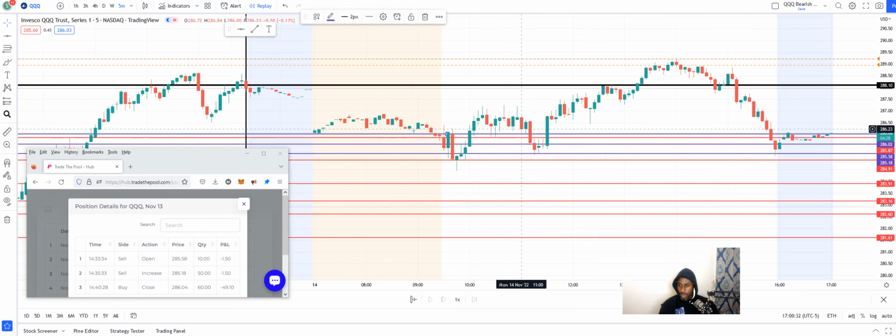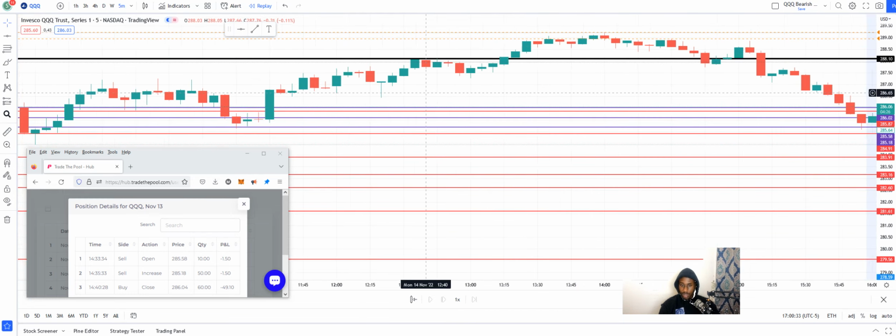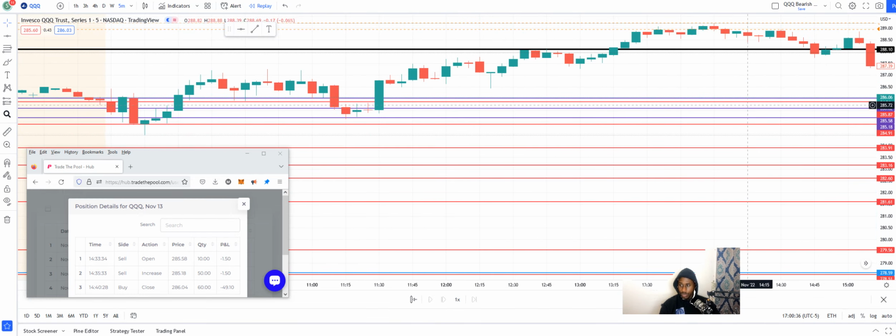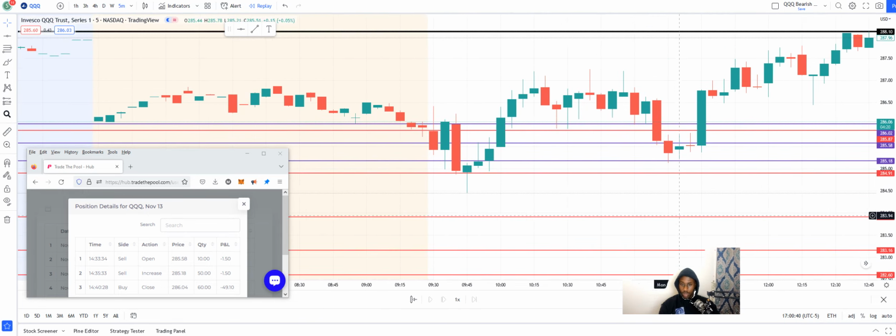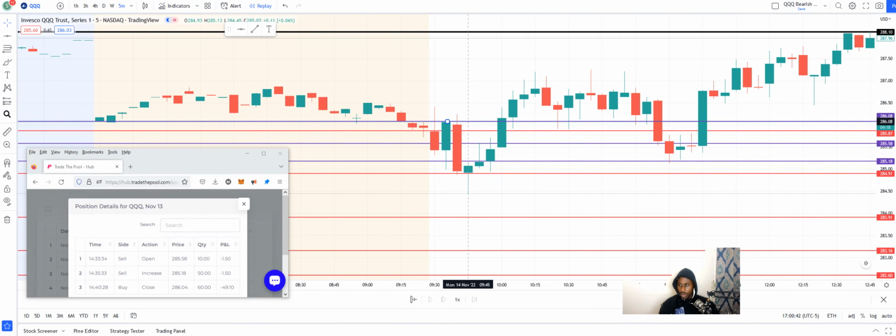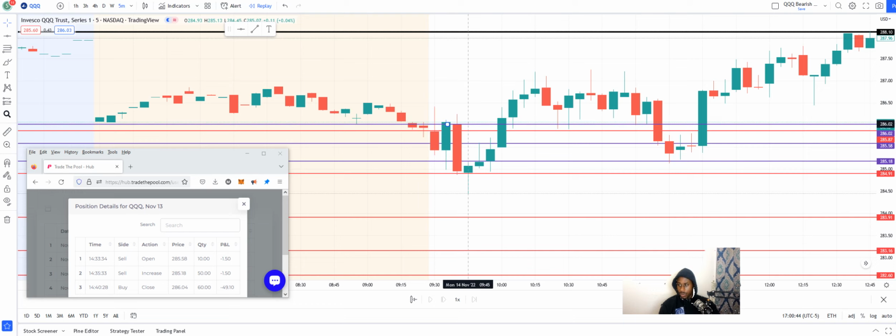I can zoom in to get specific. Right about there is where I exited.